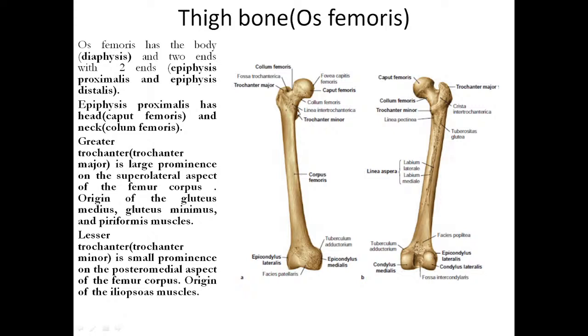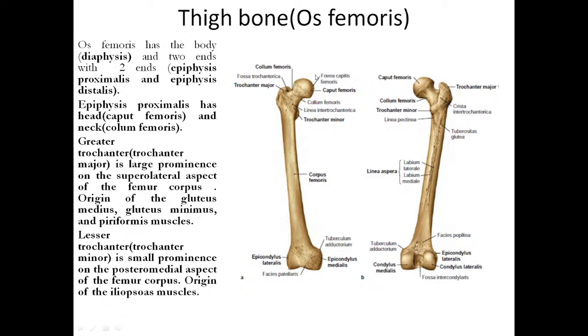Epiphysis proximalis has the head, caput femoris. Caput femoris has the fovea capitis femoris for the ligament of the acetabulum. This is caput femoris.